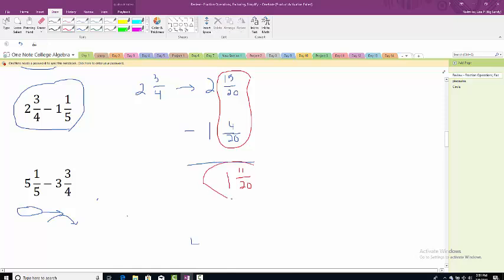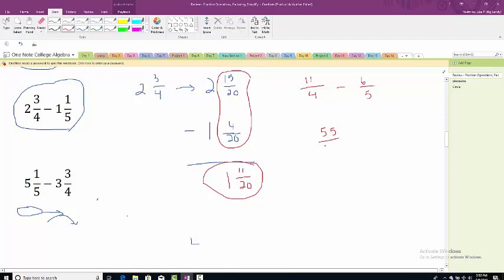And I could have instead changed these. We've got 2 3/4, which becomes 11/4, minus 1 1/5, which becomes 6/5. Then you want to find a common denominator. So even when we are adding these numbers, same steps so far.